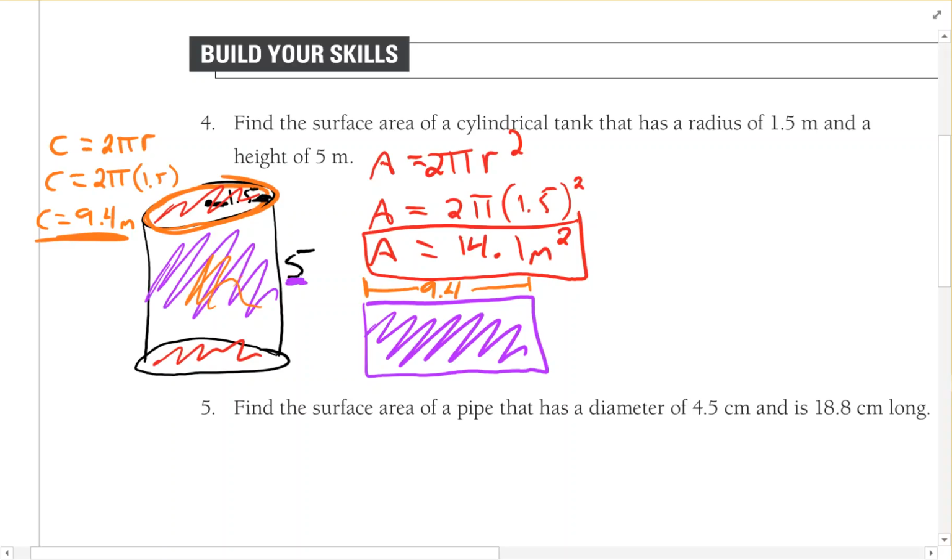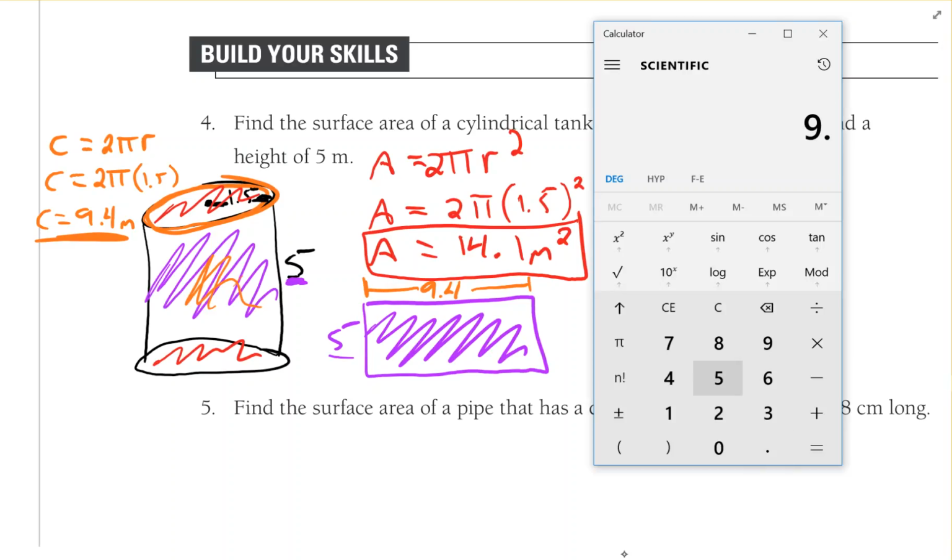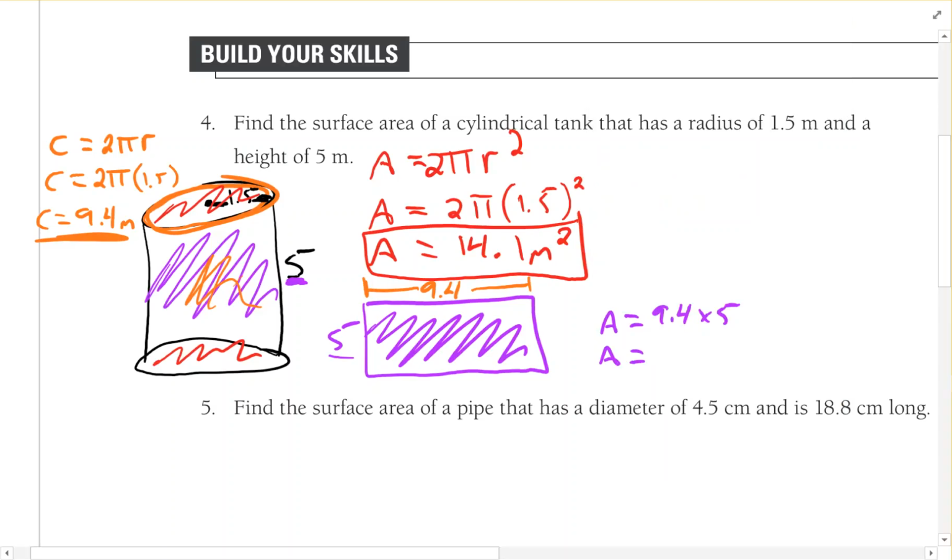That's just the height of our can. So really now we just need to go 5 times 9.4, and that's going to give us our surface area for that. So the area of our middle section is 9.4 times 5, just base times height. So 47.